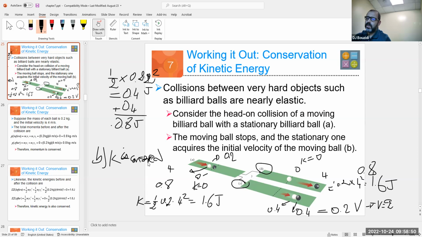This is what we call, I'm trying to write an E in here, this is what we call elastic collision. This is elastic. I'm assuming everything is ideal, okay?